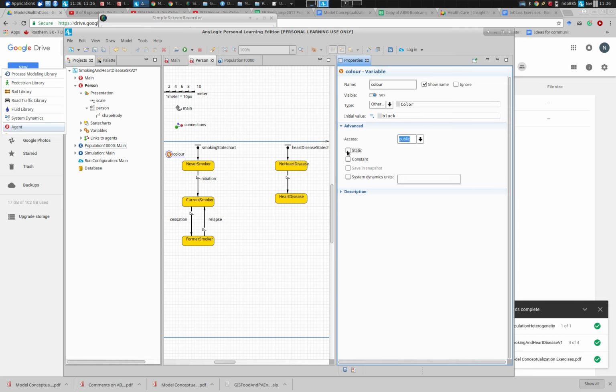What it means is there's only one of it. For all persons, there's only one of them. It's terrible terminology, a case of computer science terminological arrogance. But static means there's only one of it shared for all the persons.